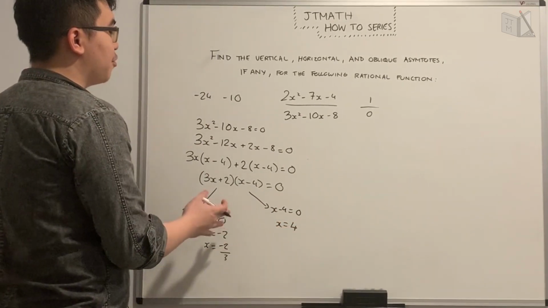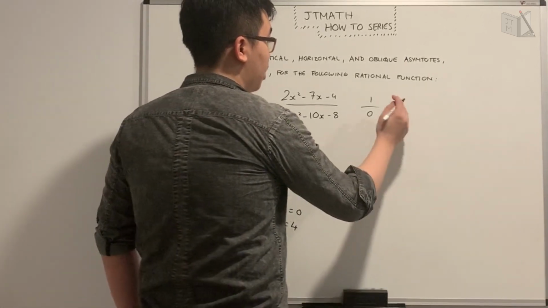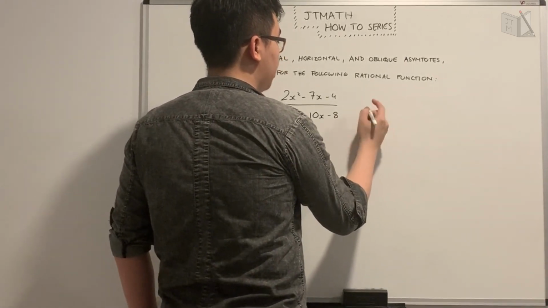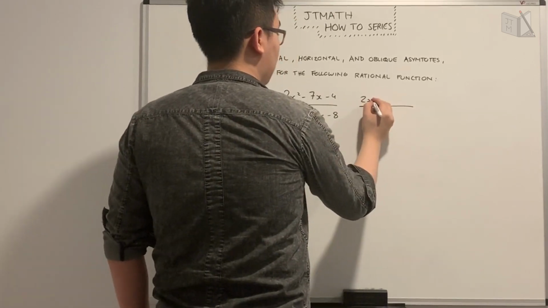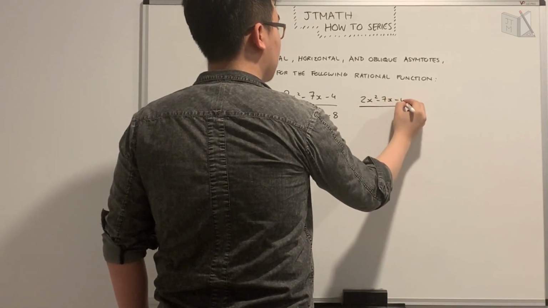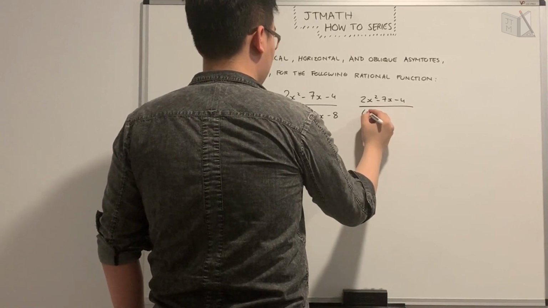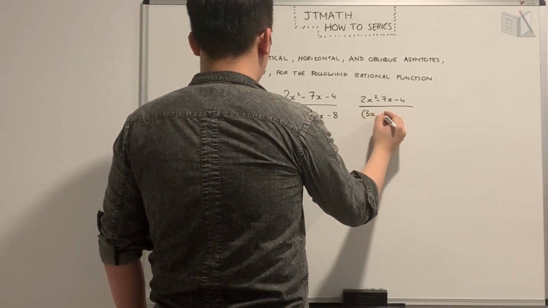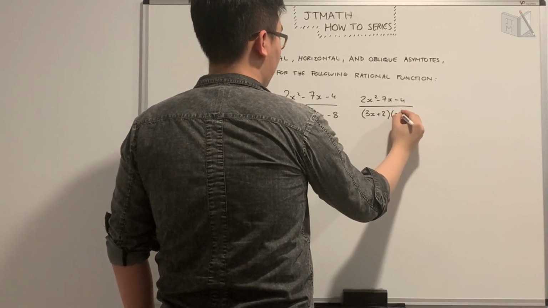Now that we've successfully factored the denominator, let's rewrite that over here. The numerator is the same as it was, and here we've got 3x plus 2 and x minus 4.